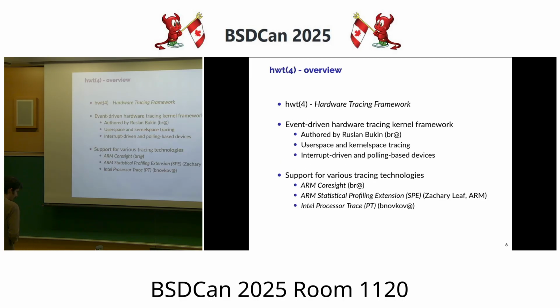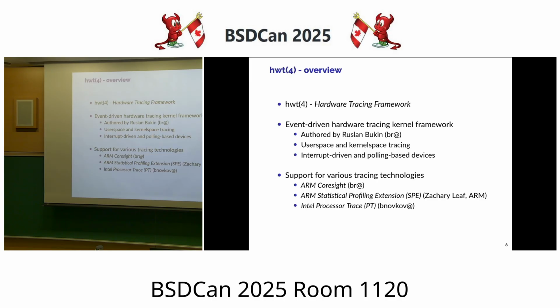So now we can switch over to the FreeBSD side of things. As I said, this is a fairly recent effort, and this whole system was implemented in two parts. The first part is the in-kernel hardware tracing framework that interacts with specific platform-specific tracing devices, manages and creates tracing sessions, does all sorts of wonderful things, but we'll get into that more later.